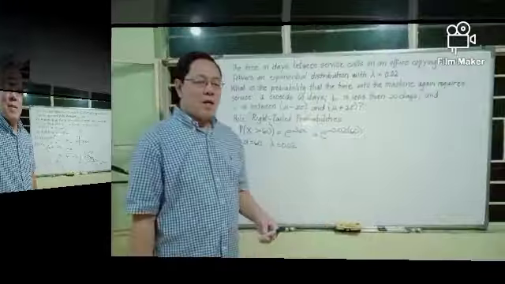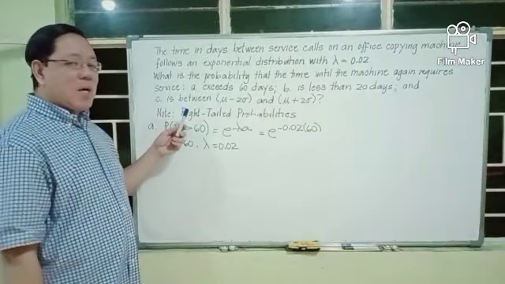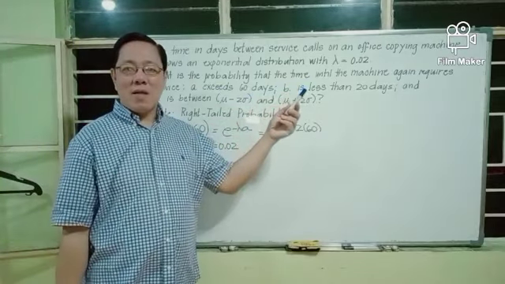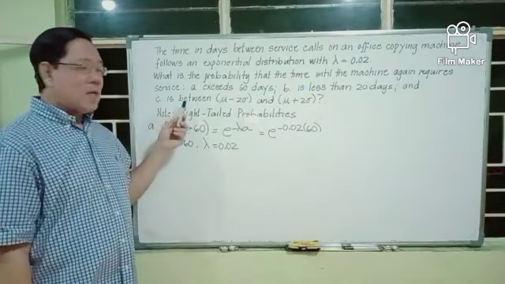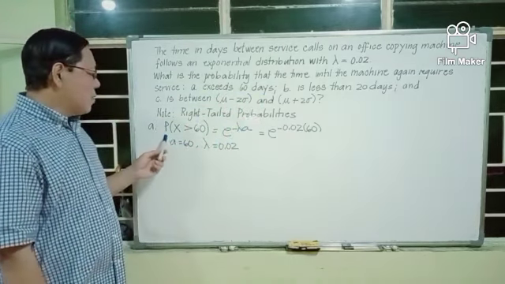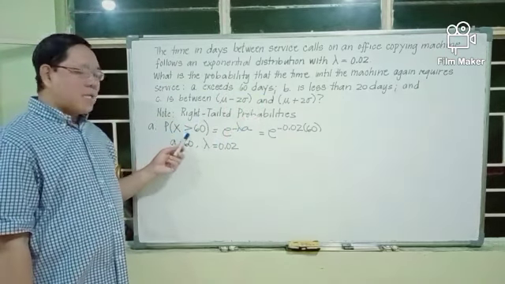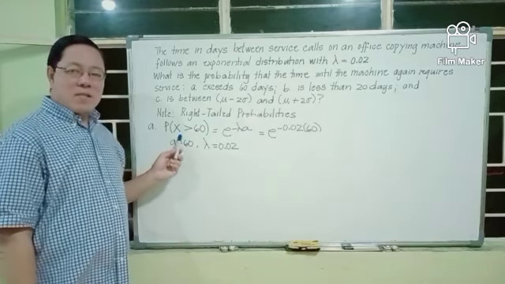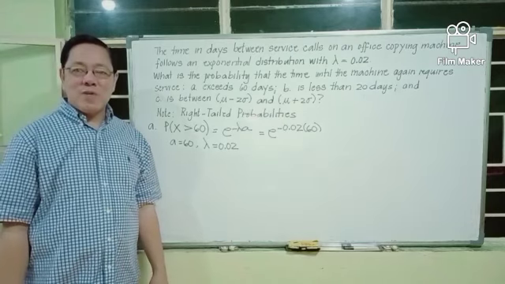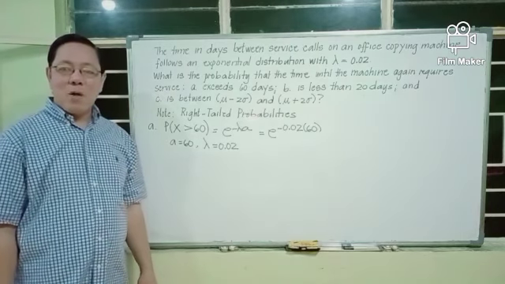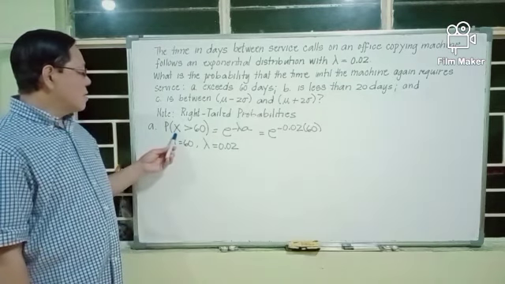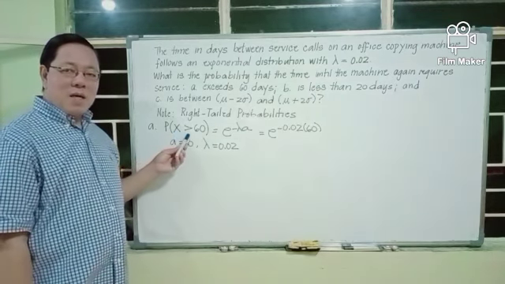For letter A of the problem, we find the probability that the time until the machine again requires service exceeds 60 days. In symbols, we want the probability that x is greater than 60, where x is the number of days before the machine requires another service call or repair.